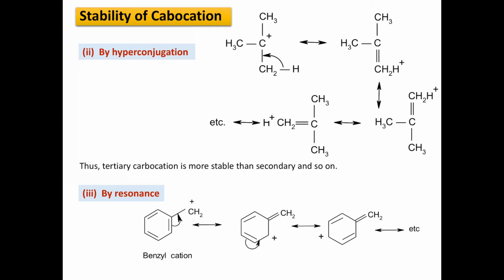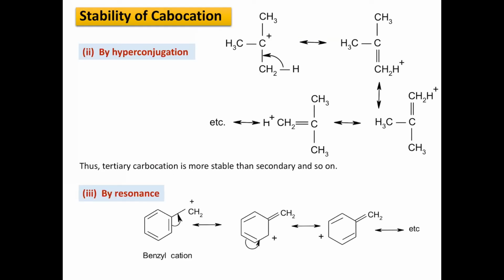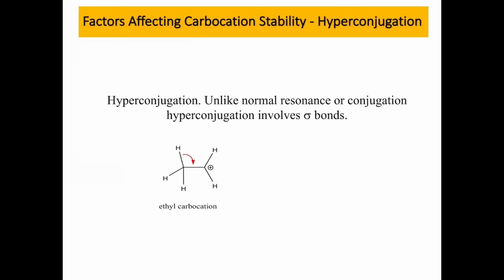Hyperconjugation is overlapping the empty orbital with an orbital from outside the positive charge, on the same molecule. If you look at the hyperconjugation, here it's explained, and here you can clearly identify it.